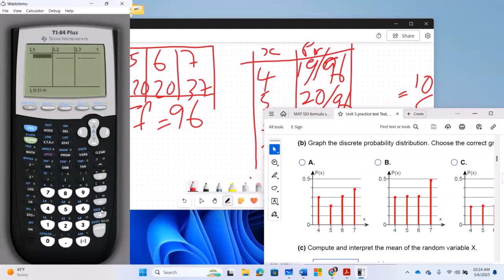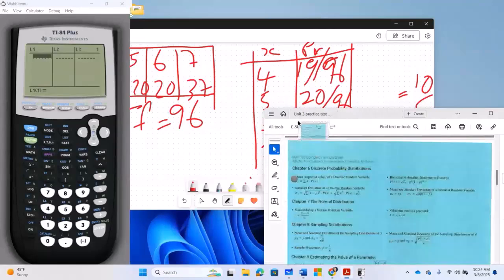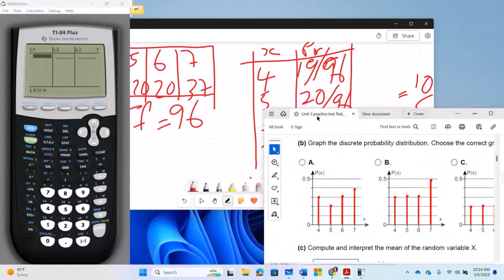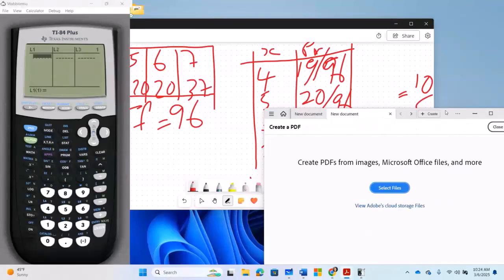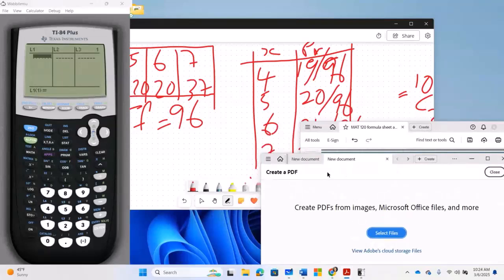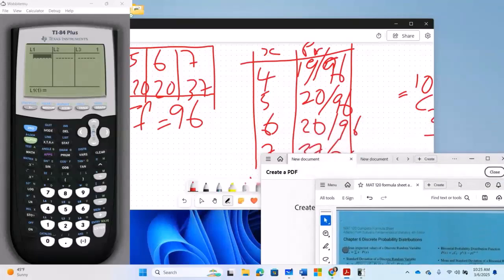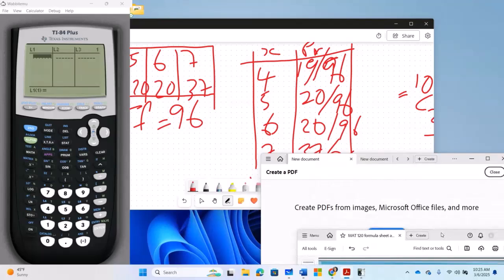And then the numbers in my x are 4, 5, 6, 7. 4, enter. 5, enter. 6, enter. 7, enter.